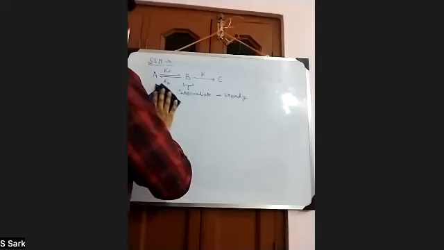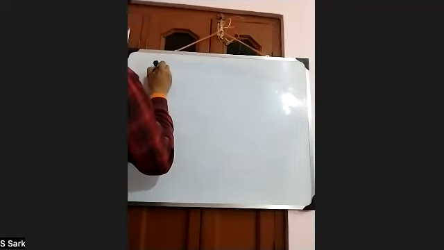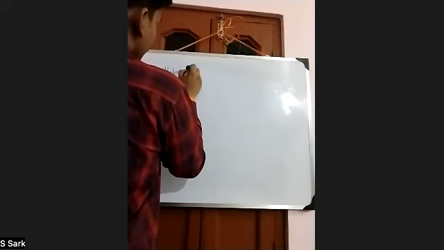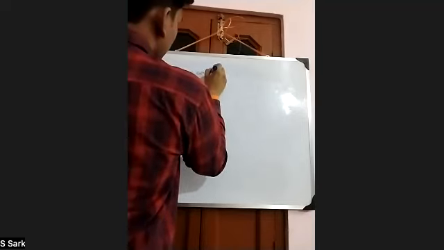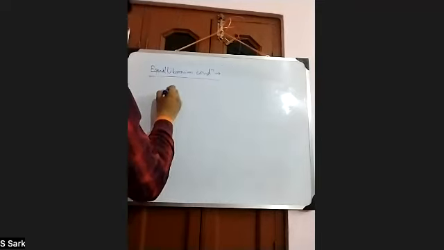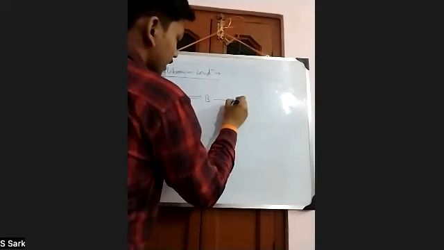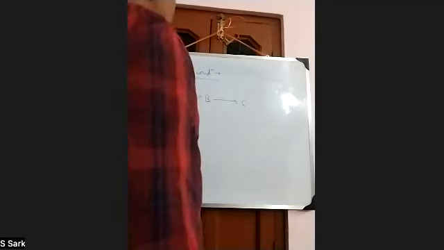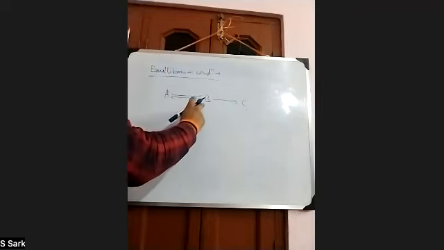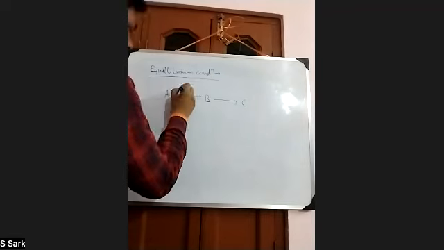So now we will be talking about the equilibrium condition. What is equilibrium condition? Equilibrium condition means a reaction where A is in equilibrium with B, and B producing C. In this case, this is a reversible reaction and this is very fast.